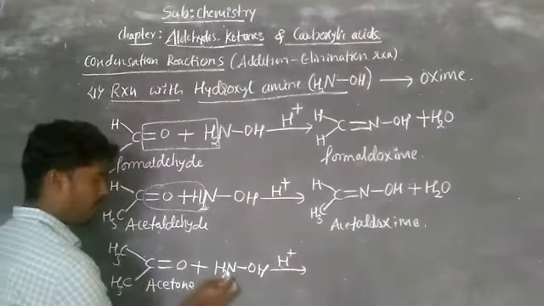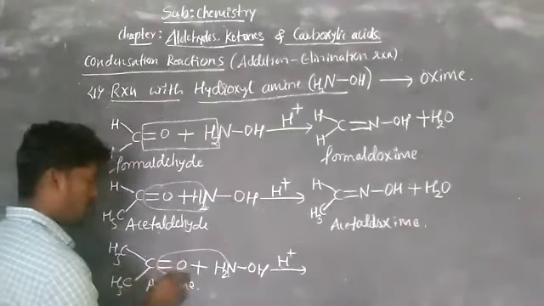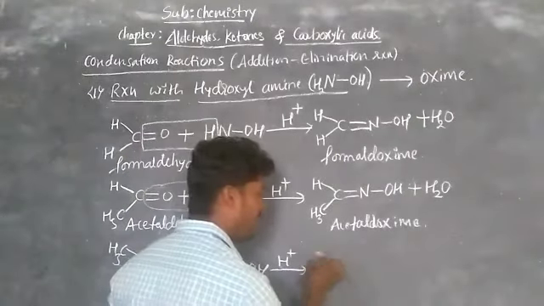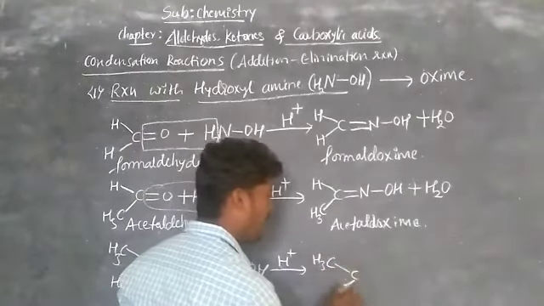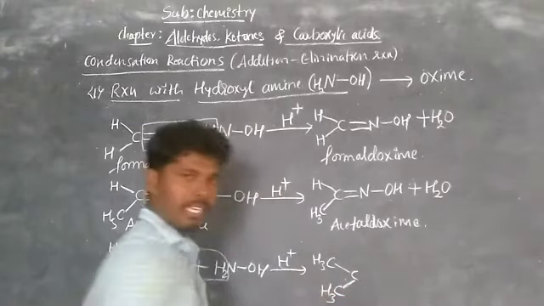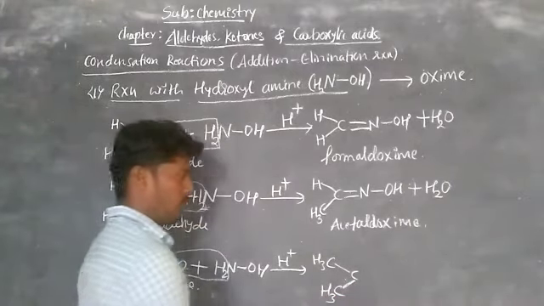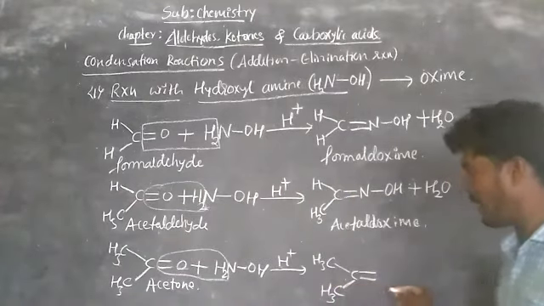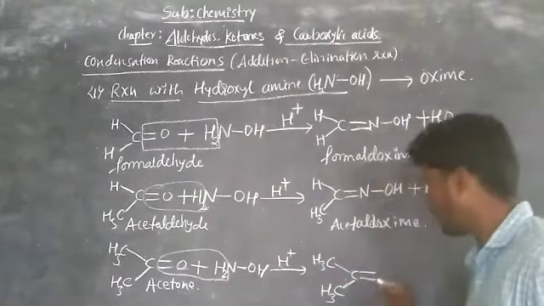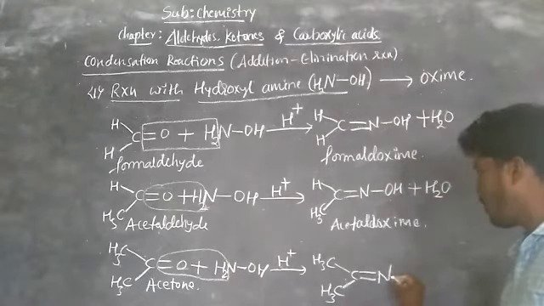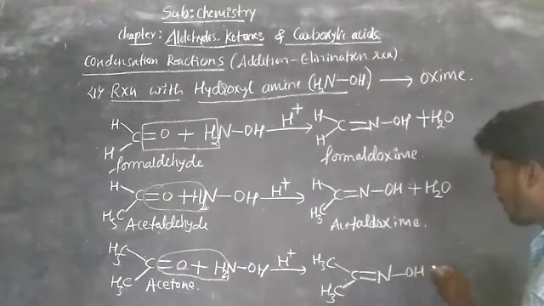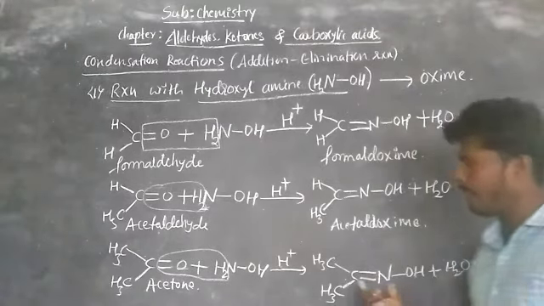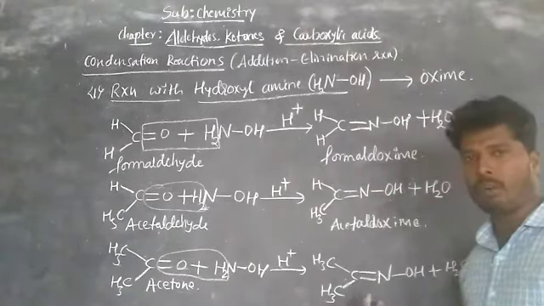Now here also same, the oxygen and two hydrogens become water, and the remaining is CH3, that is equal to double bond, in place of oxygen nitrogen is added, nitrogen bond OH, plus water. Now this is obtained from a ketone, generally we call it ketoxime.